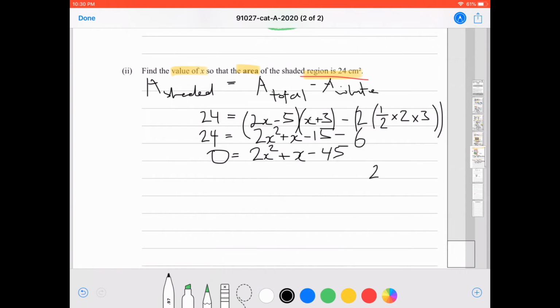Okay, we multiply A and C: 2 times negative 45 equals negative 90. So we're looking for two numbers that multiply to negative 90 and add to the b term, which is just 1. And they are positive 10 and minus 9. So we split our b term now: 2x squared plus 10x minus 9x minus 45.